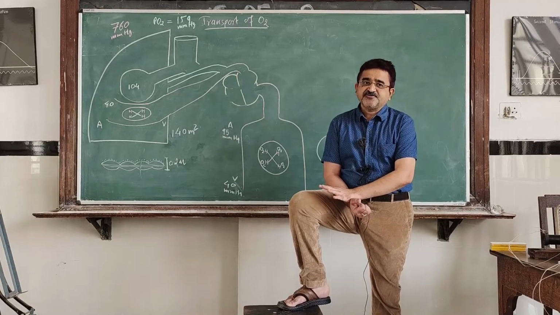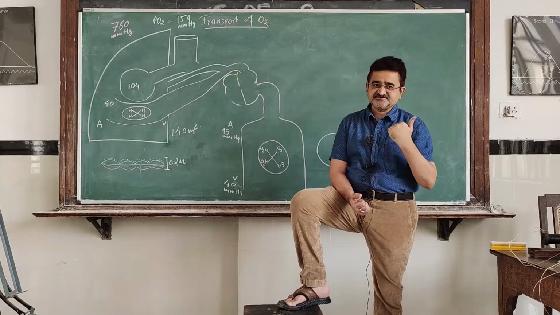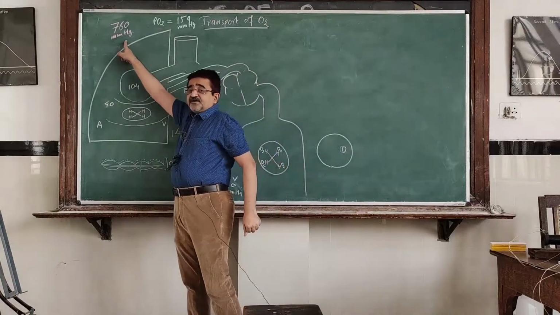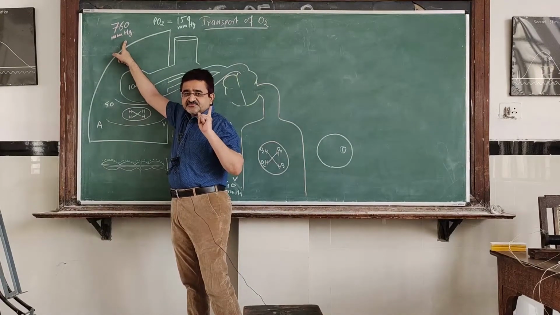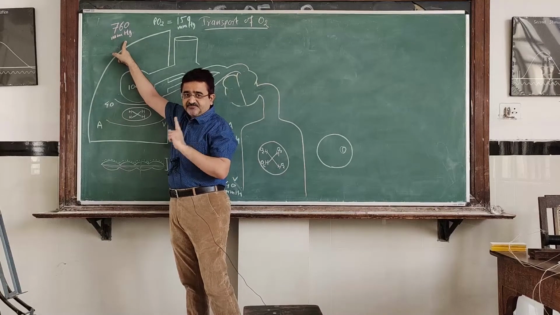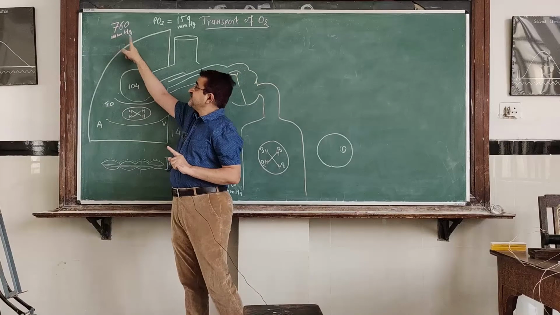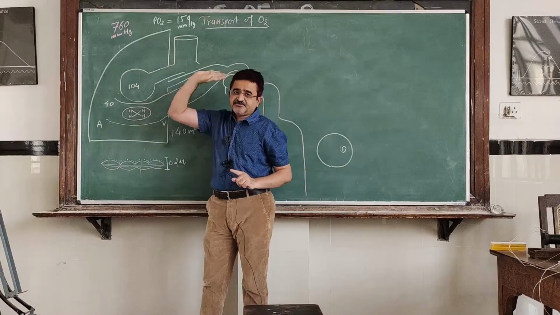Now we come to the next part of today's topic, that is how oxygen is taken inside. The atmospheric pressure in the air is around 760 millimeter of mercury. In this 760 millimeter of mercury, oxygen contributes 159 millimeter of mercury.